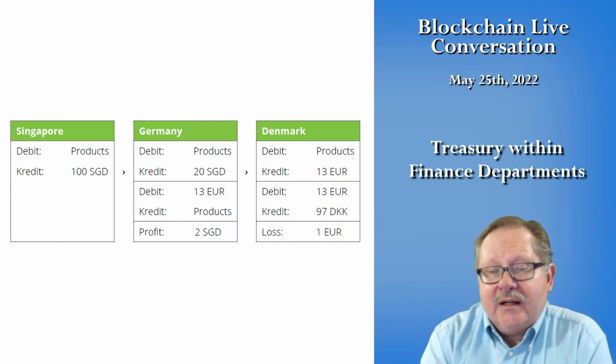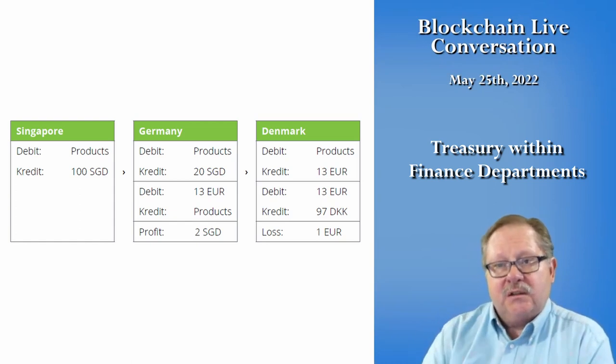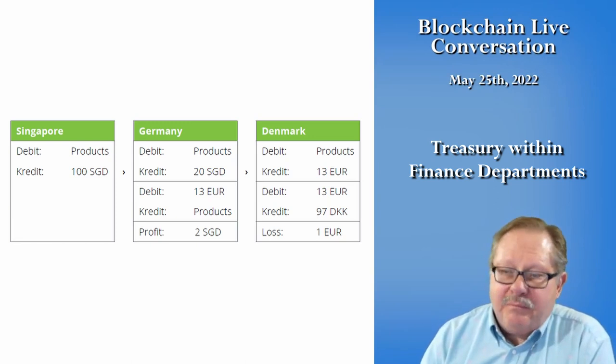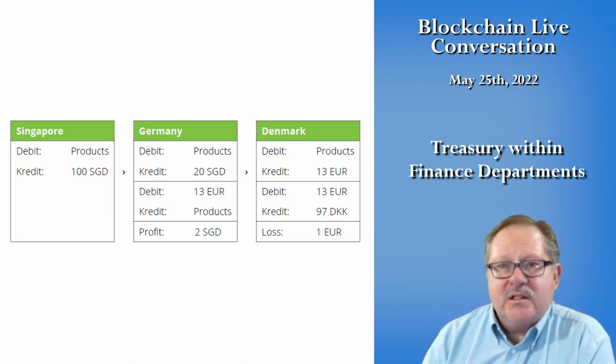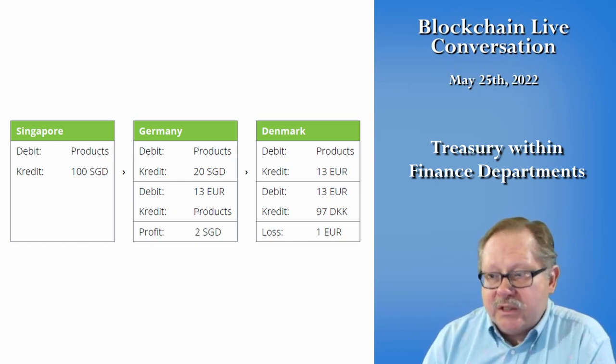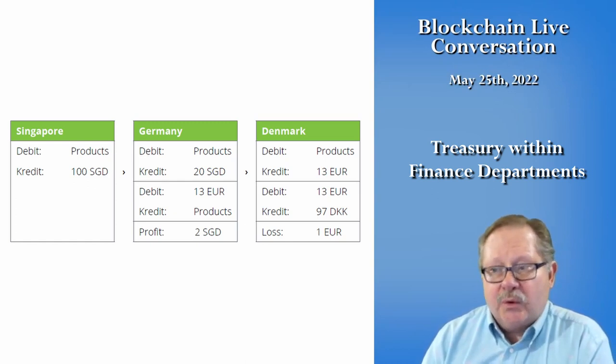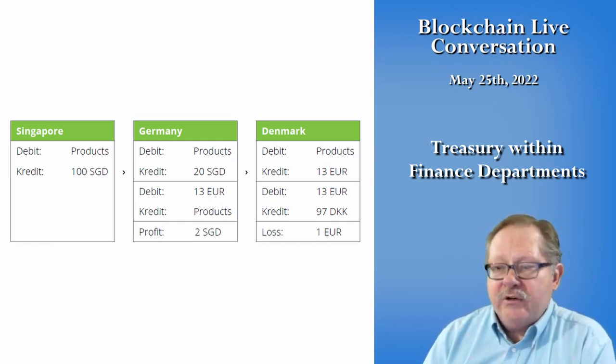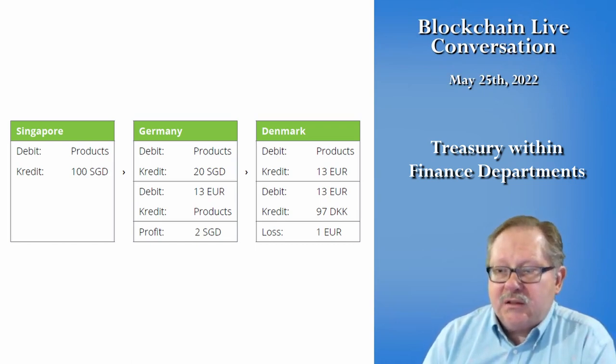So here we've got a product moving across these companies, these sections of the company. And the example basically is that Singapore sells some components to Denmark, who assembles those components and then sends those components on as a completed assembly to Denmark. So here the situation is that we have 100 SGD, and so we ship the products, and 20 SGDs translates to 13 euros.